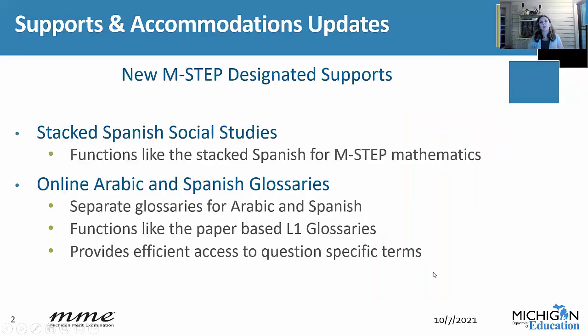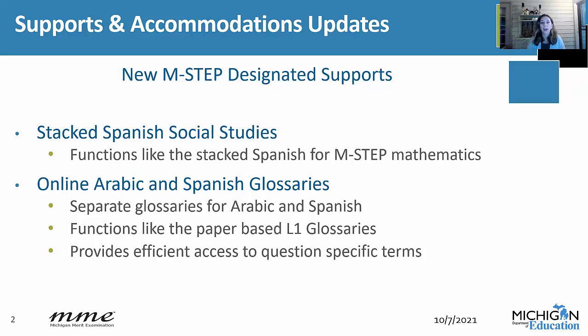We have some really cool, awesome updates coming for this spring's M-STEP assessment. We've got two new designated supports. The first is a stacked Spanish social studies option, which has never before been available for our students. This is going to function exactly like it functions for the M-STEP mathematics.